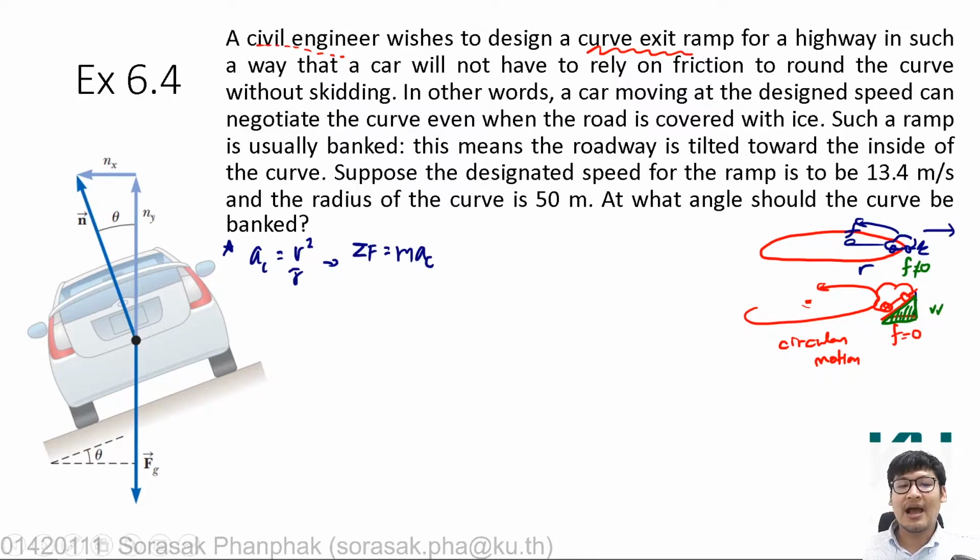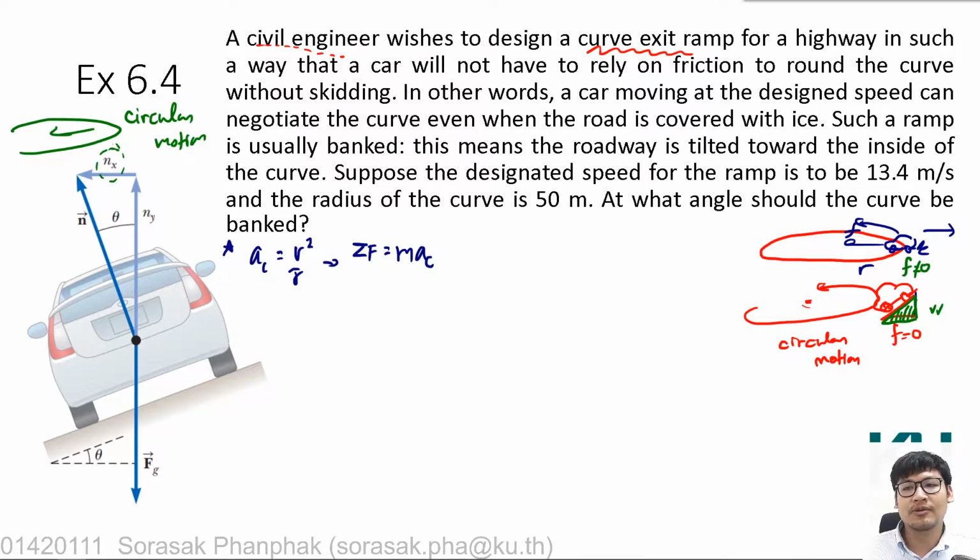So let's see how we can use the normal force as the centripetal force involved in this circular motion. So how do we start this type of calculation? I will show you here.